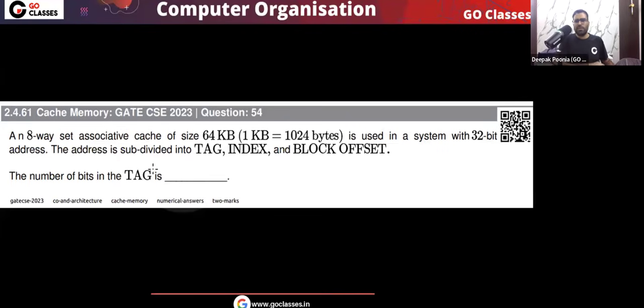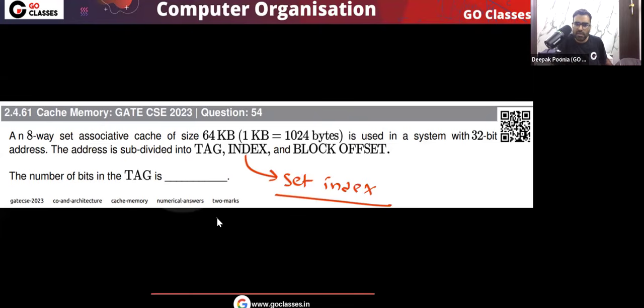The address is subdivided into tag, index, and block offset. In a set associative cache, this index means set index. This will tell you the set number. In a direct mapped cache, index means line index, but here it is set index. Yes or no?